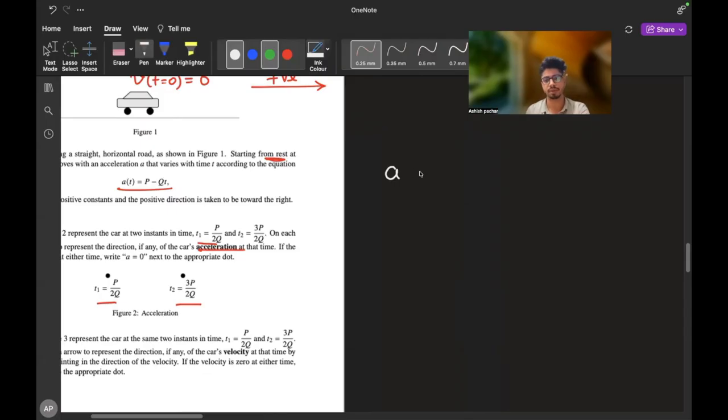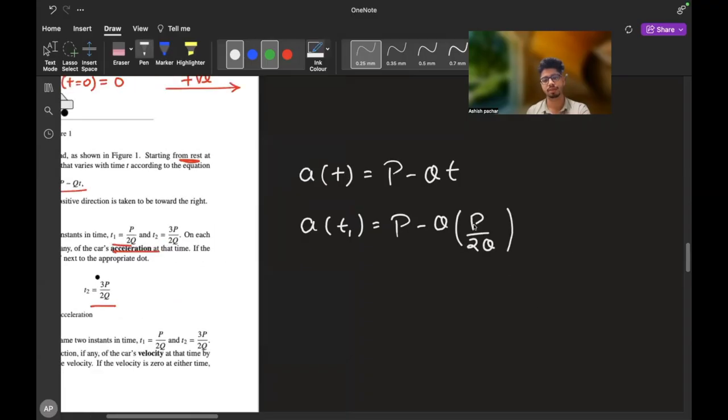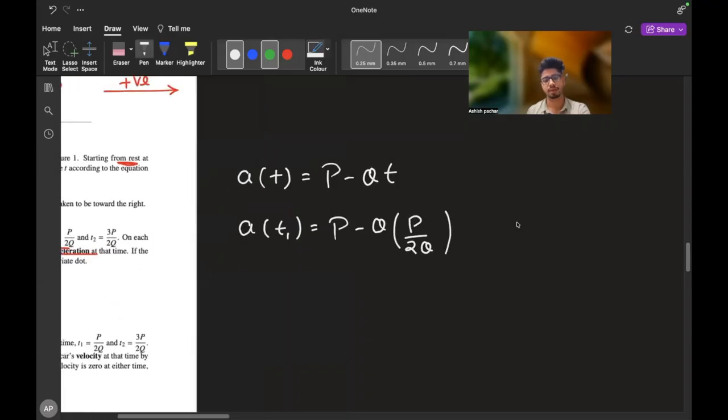So let me write the acceleration one first: P minus qt, and we have to find the acceleration at t1. The t1 point is known to us, so p minus q times t1 is p minus q times p by 2q. So basically the q will cancel out, and simply it comes out to be p minus p by 2.